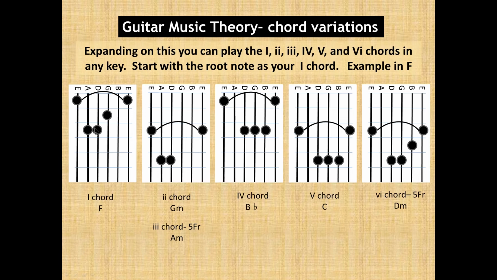But by changing from the major E chord form to the minor E chord form, you can play the 1 chord, the Roman numeral 1 chord, the major chord, slide up a whole step, and you're playing the minor 2 chord, slide up another whole step, you're playing the minor 3 chord at the 5th fret, barring at the 5th fret, slide back down to the 1st fret, switch to the A form, and you're playing your B flat, slide up a whole step, you're playing the C, and slide up another whole step, and you're playing your D minor.